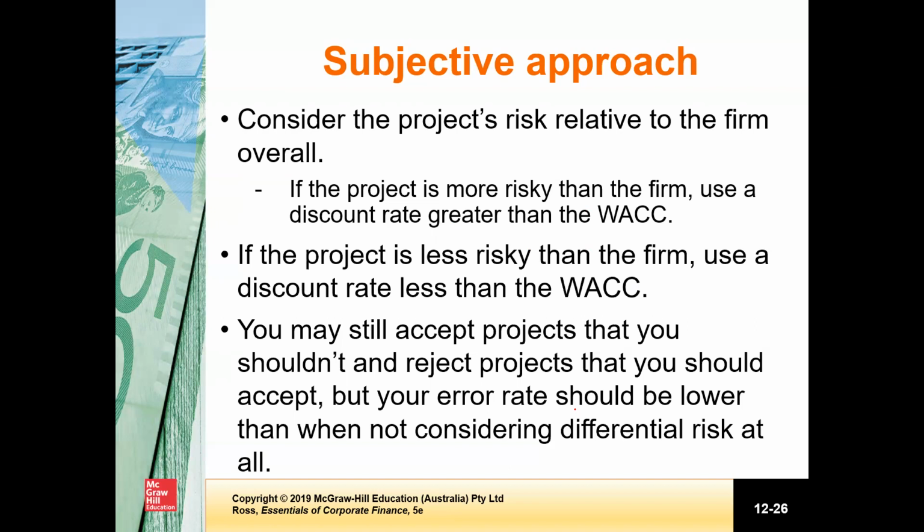They will classify each of them on the basis of their risk. For example, new product is high risk, cost savings projects are moderately risky, replacement projects are low risk, and pollution control are mandatory.